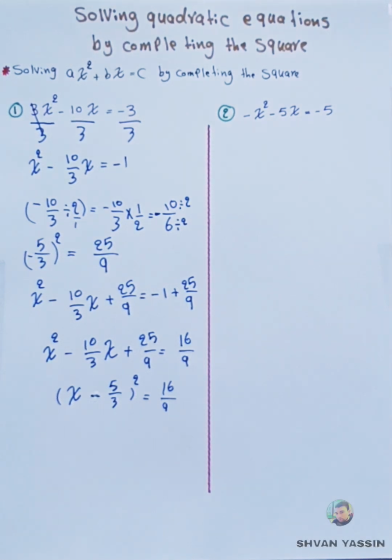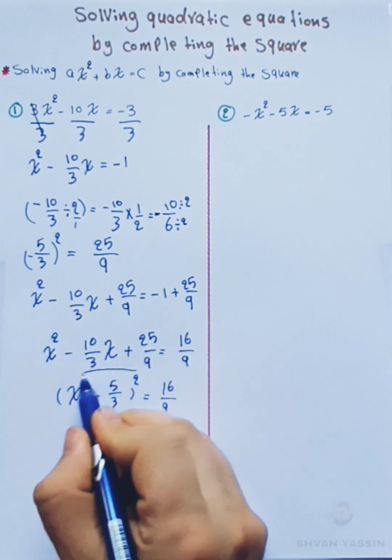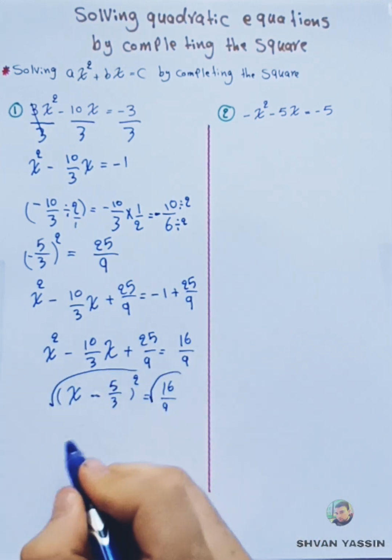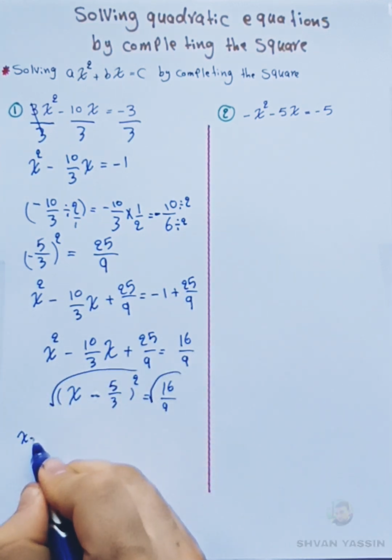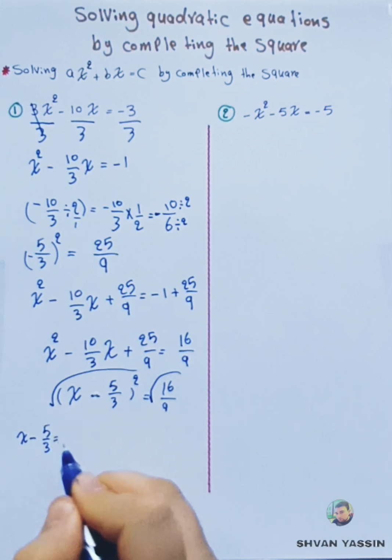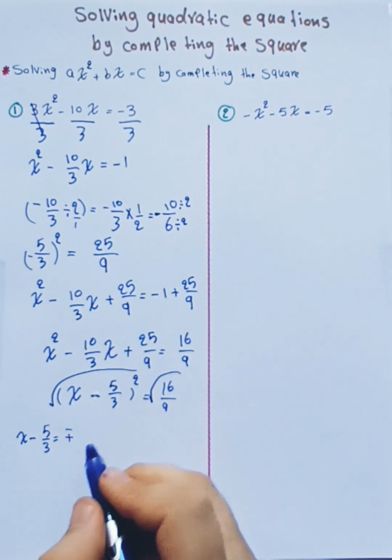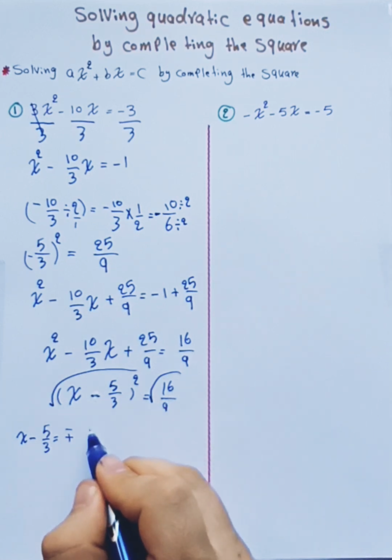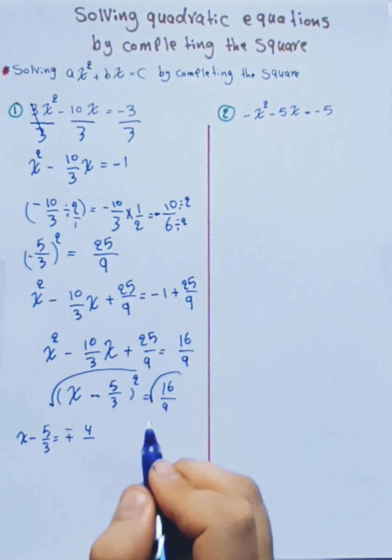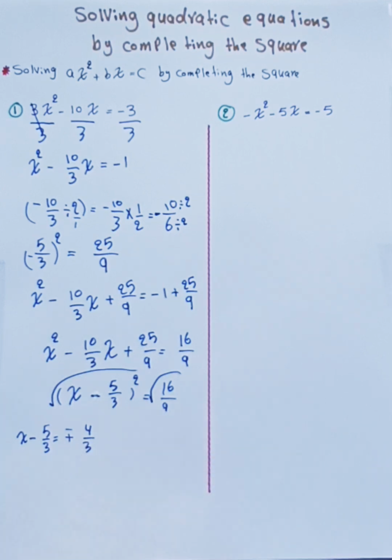After that, you have to take the square root for both sides. So x minus 5 out of 3 equal to positive or negative. The square root of 16 is 4, and the square root of 9 is 3.